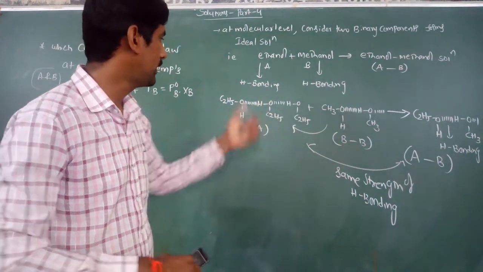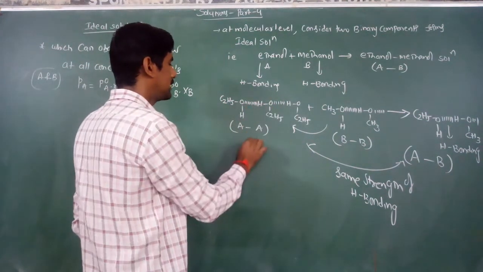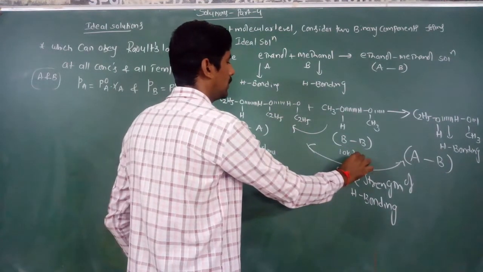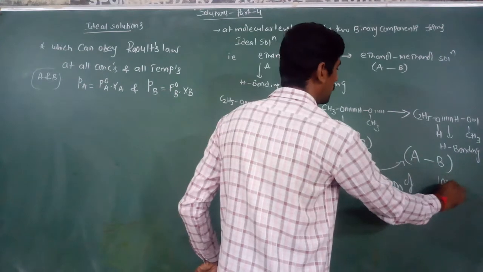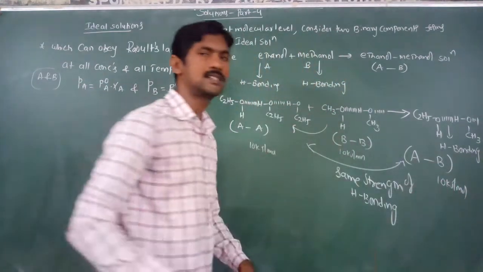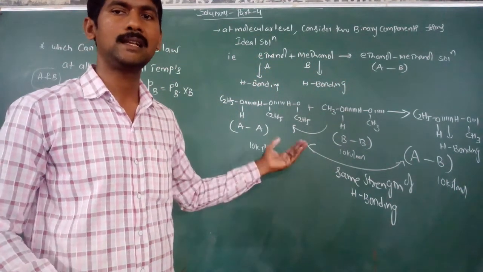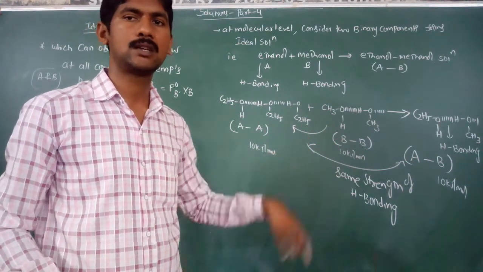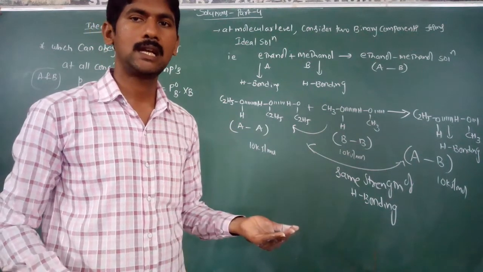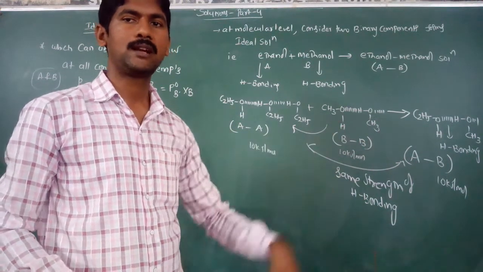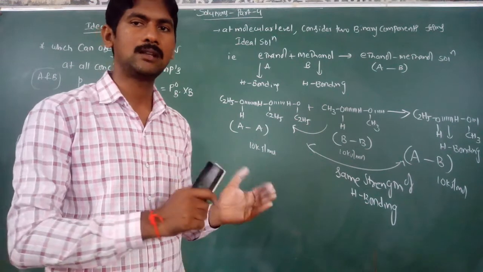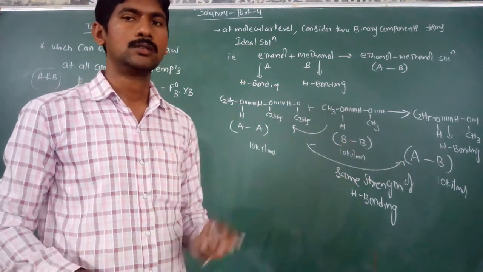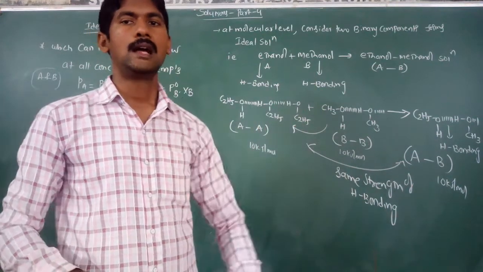For example, if the hydrogen bonding energy between AA is 10 kilojoule per mole, and between BB is 10 kilojoule per mole, after adding, between ethanol and methanol the hydrogen bond strength is also 10 kilojoule per mole. So these types of solutions can form ideal solutions.